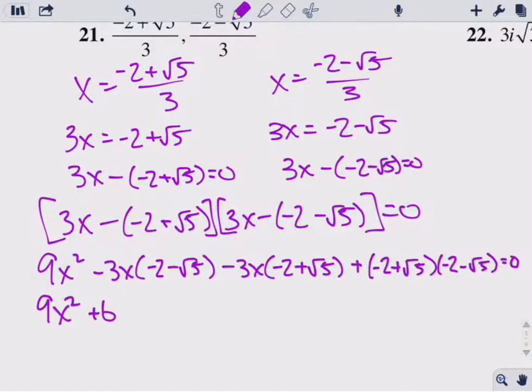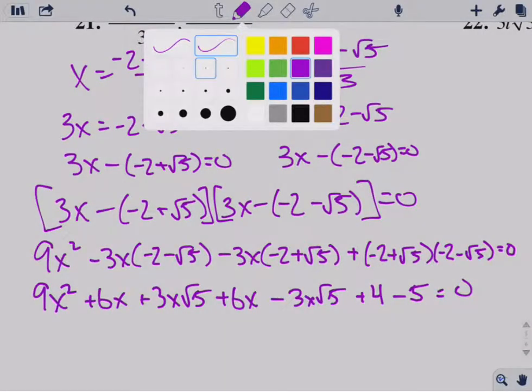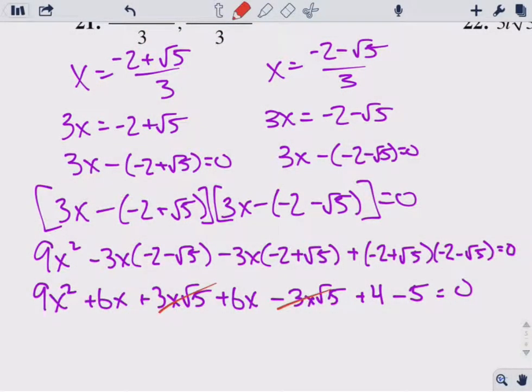Plus 6x plus 3x root 5 plus 6x minus 3x root 5. And then FOIL that last little bit together. Plus 4, negative 2 times negative 2, minus 5, root 5 times root 5. They are conjugates, so the outside and inside cancel. Equals 0. Now cancel what we can cancel. Combine what we can combine. So we'll get 9x squared plus 12x minus 1 is equal to 0.